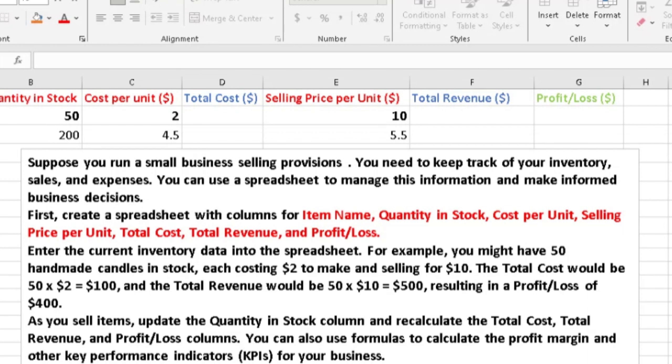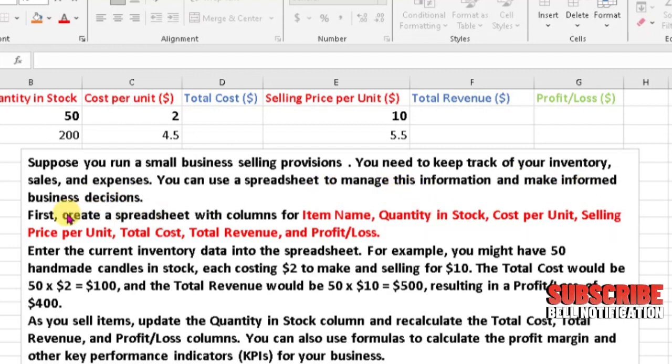All right, so in solving real life problems, you can use Excel to solve some of those problems. Suppose you run a small business selling provisions and you need to keep track of your inventory, sales and expenses. You can use a spreadsheet to manage this information and make informed business decisions.